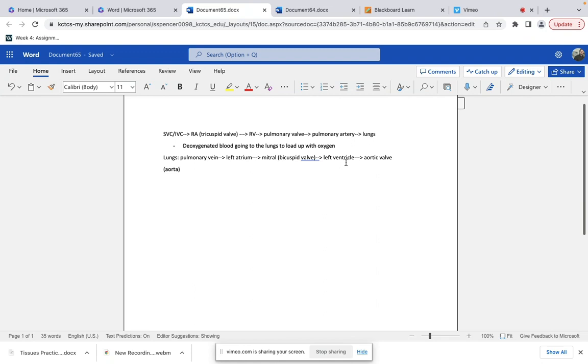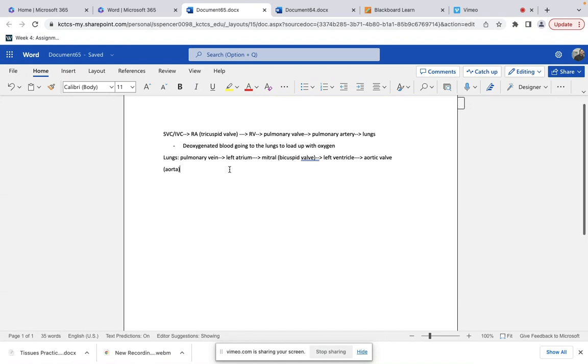So if blood can't go forward into this aorta, it has to back up, posteriorly, right? Or I guess posterior is probably not the right word, but it has to back up behind the pump. So again, it would back up into the left atrium, and again to the pulmonary vein, and again to the lungs.